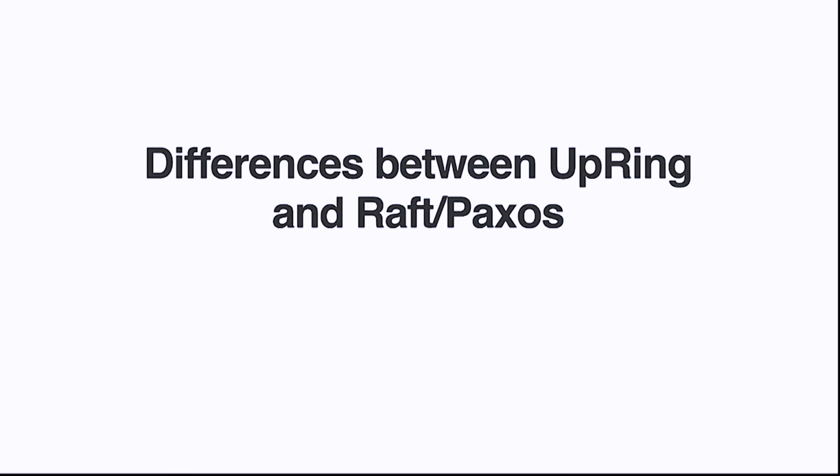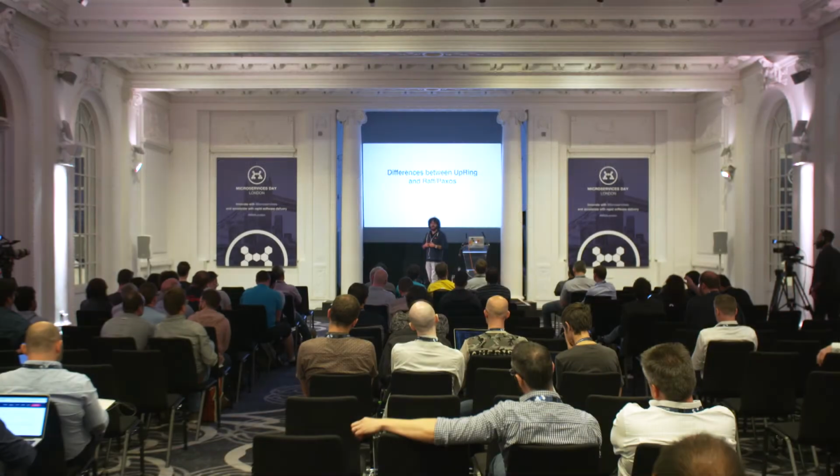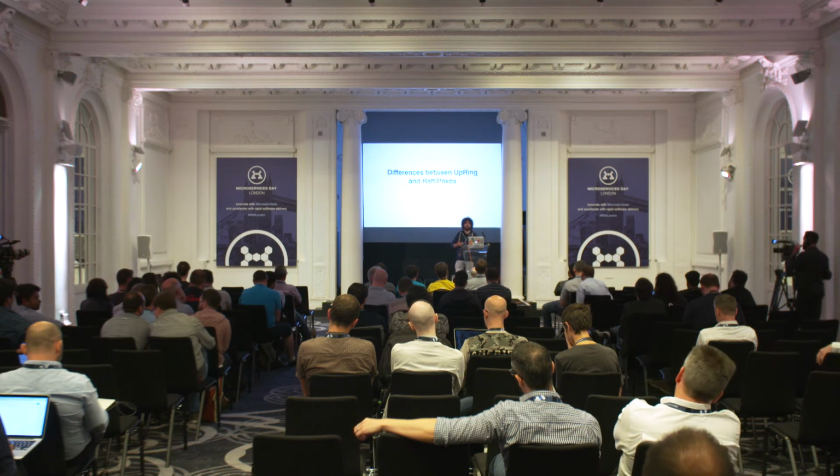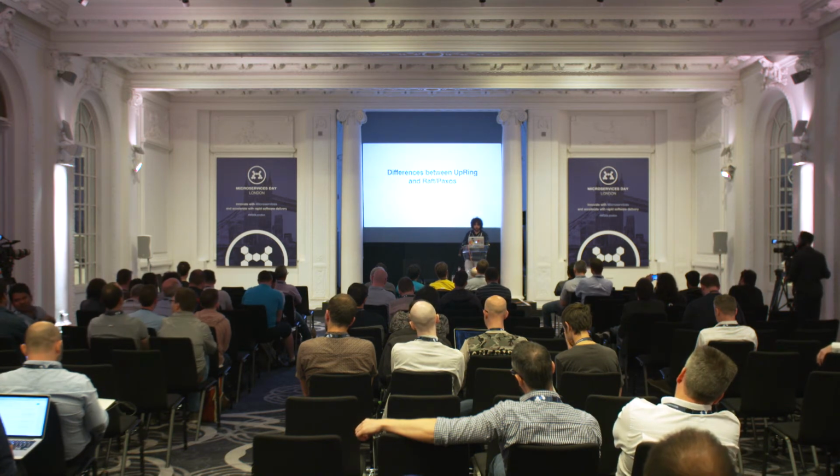Now, have you heard about Raft and Paxos? Some little folks. Raft and Paxos are techniques to build distributed systems and databases and to enforce a coherent model of your system.